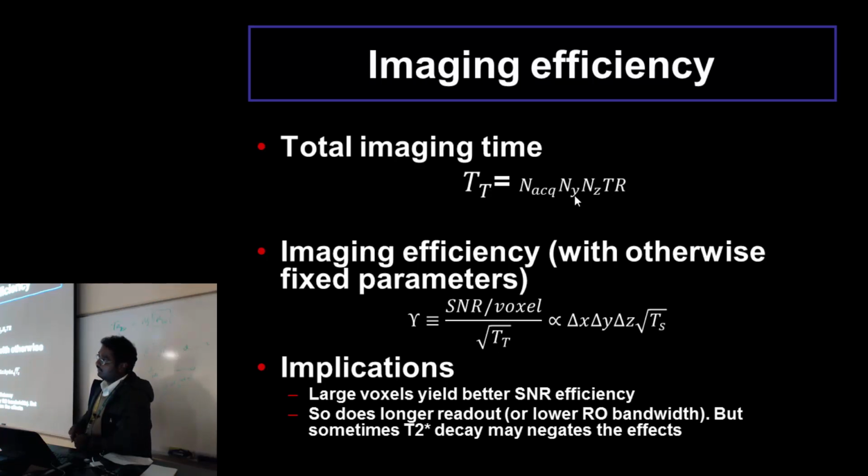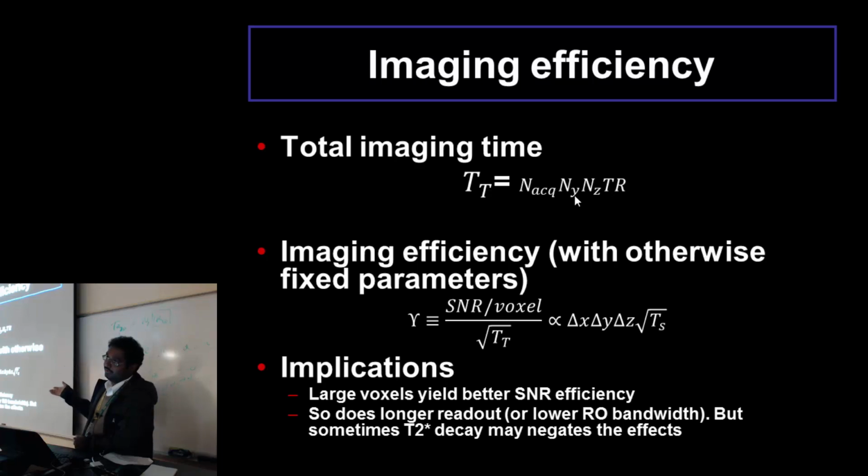So that means you're taking half the time, with half the resolution along the phase encoding direction. So now the question is, obviously the signal to noise ratio efficiency per unit voxel has doubled, right?